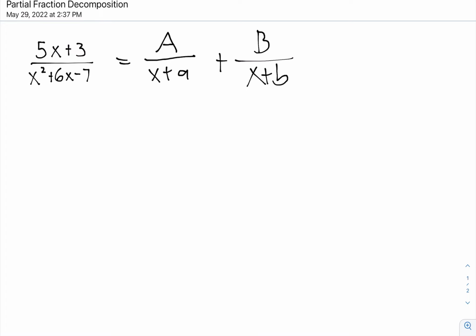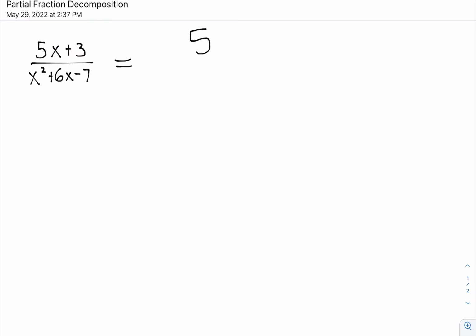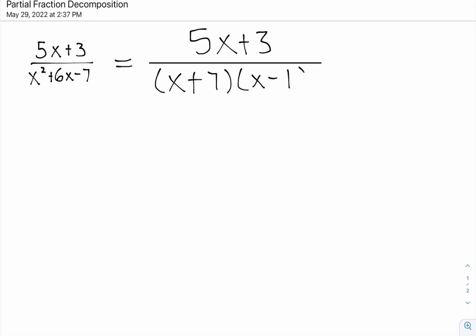So the way we can do this is, the first thing I'd do is factor the denominator of the original question. What we have right here is 5x plus 3. We can't factor that, it's just stuck the way it is. But x squared plus 6x minus 7, we can factor that into x plus 7 times x minus 1.